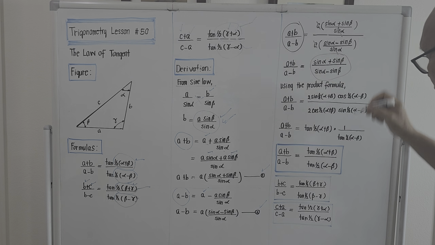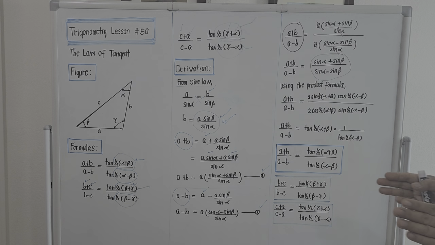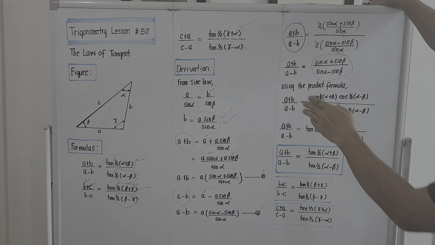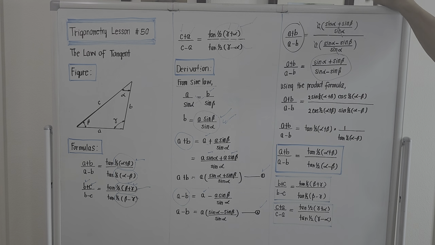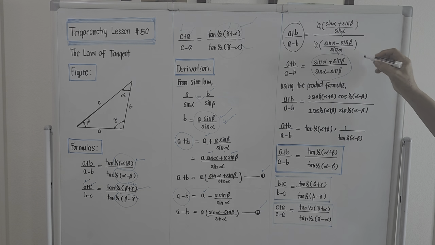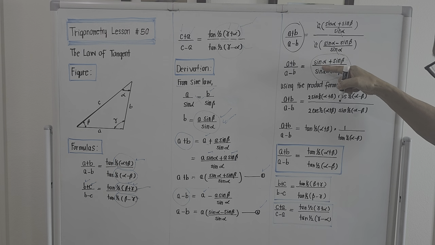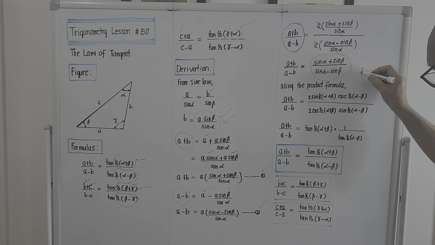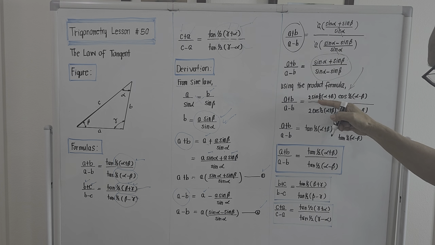So by using our knowledge from previous lessons, using the so-called product formula, the equivalent of sine of alpha plus sine of beta is actually this total value here.